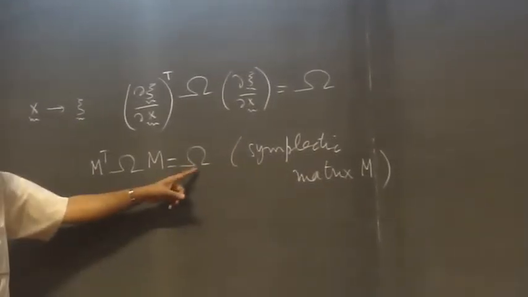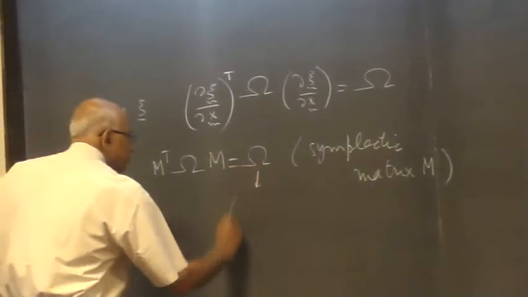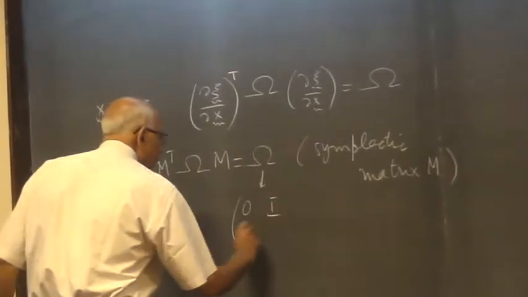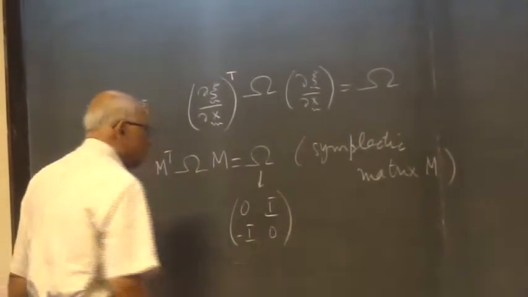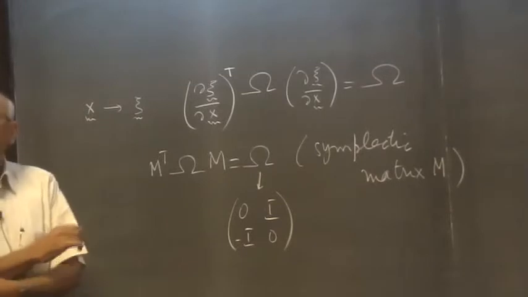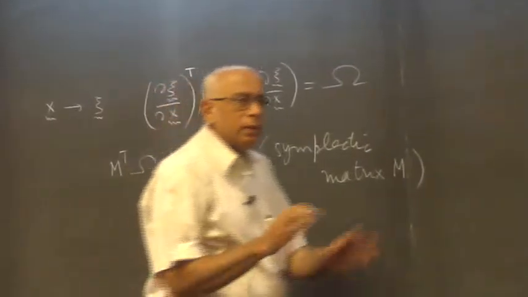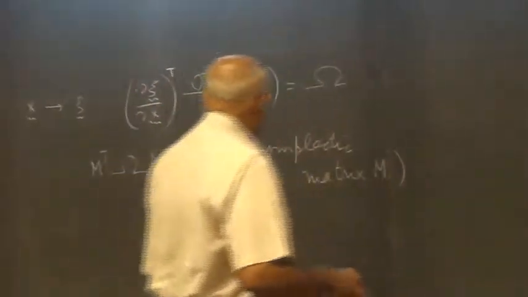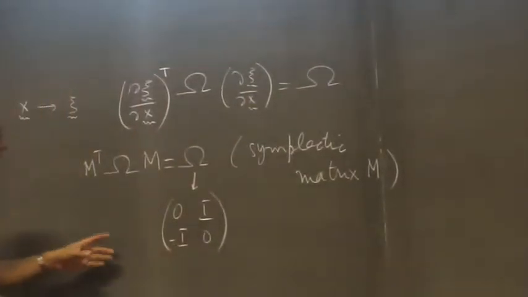By the way, this matrix omega, 0, I, minus I, 0, is sometimes called the Poisson matrix, or the Poisson tensor if you write down its components, little omega ij.